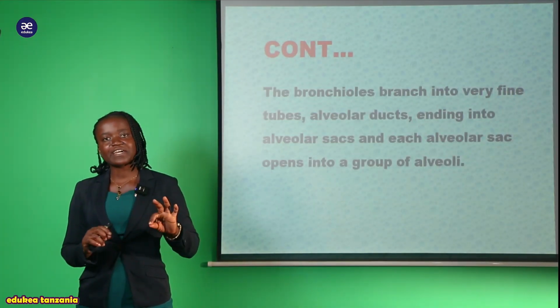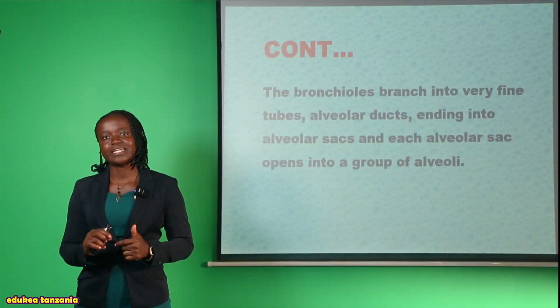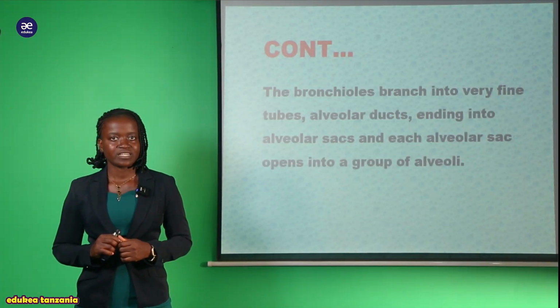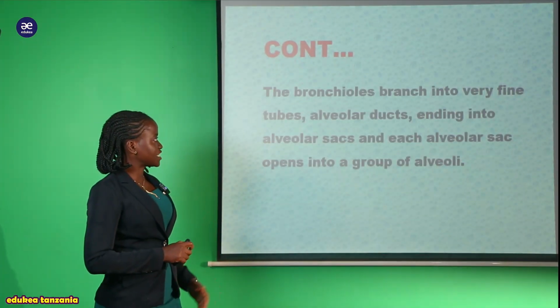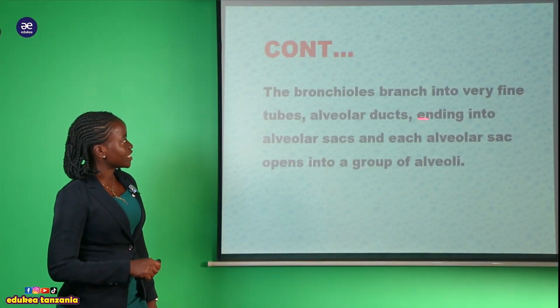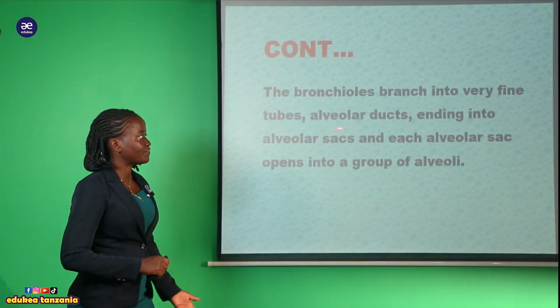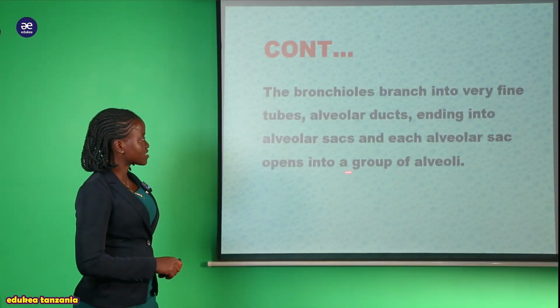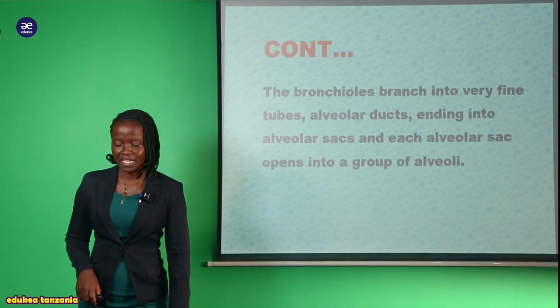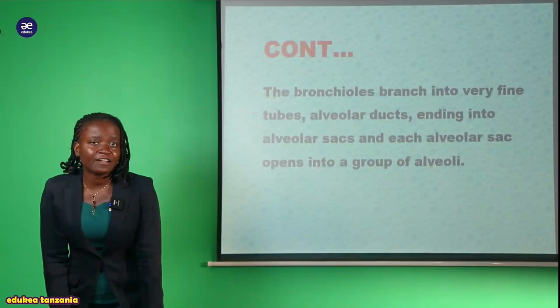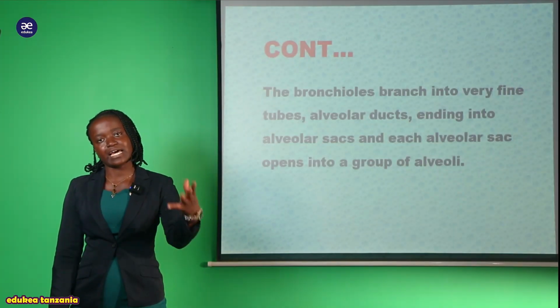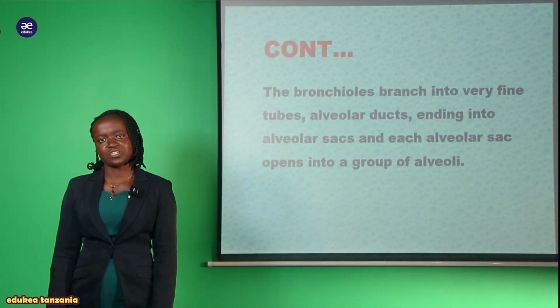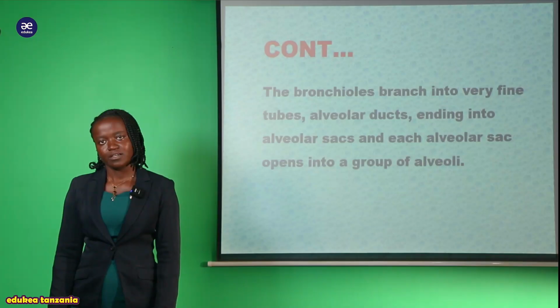Kwa maana kwamba panakuwa na fine tubes zile zinazopatikana pale ni ndogo zaidi. So what is the function of those fine tubes? Hizo fine tubes baadaye zitaenda kutengeneza hizi alveolar ducts, zita-end into alveolar sacs. Hii alveolar sacs ita-open into a group of alveoli. And within the alveoli is where the gaseous exchange occurs.